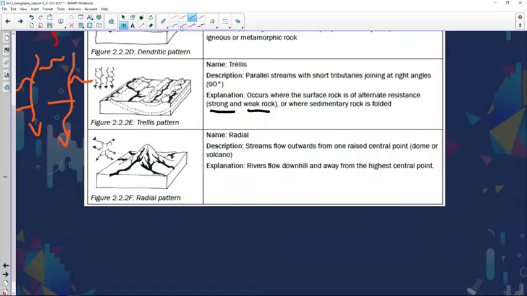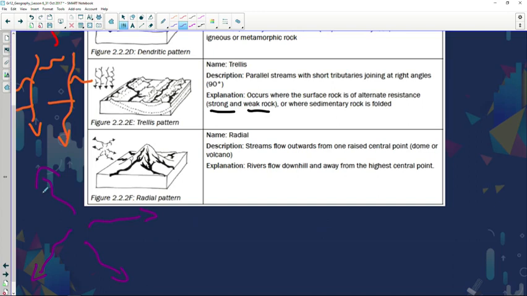Our last drainage pattern is radial patterns. Now it's very easy to identify because it's outflowing. As you can see from a high-lying area, streams flow outwards from one higher central point, for instance, domes or volcanoes.